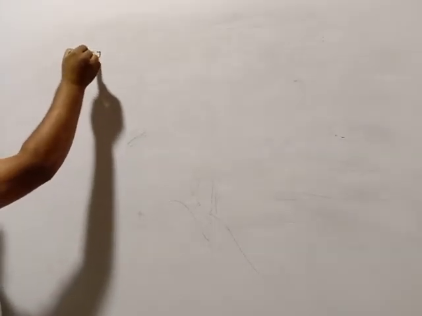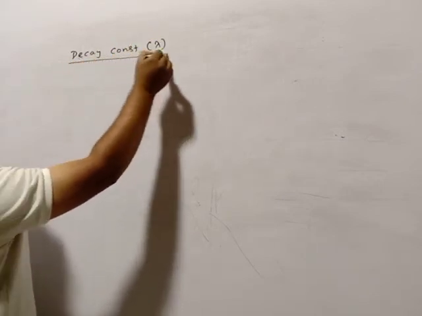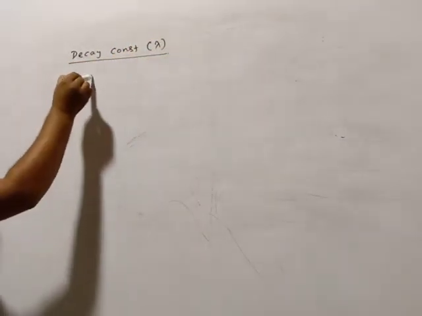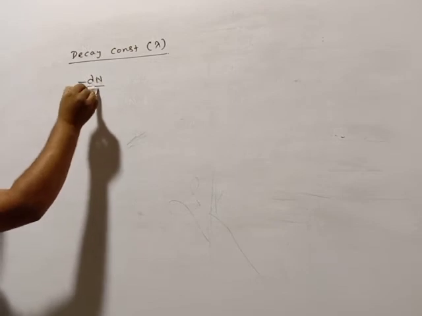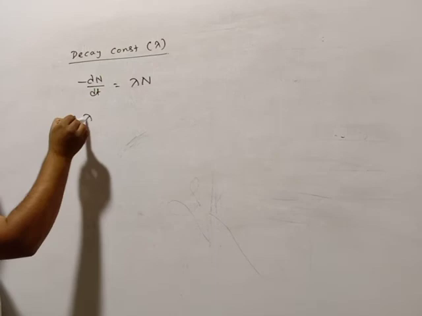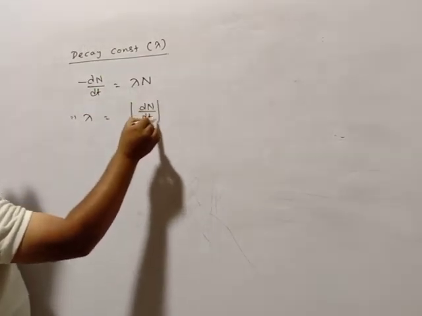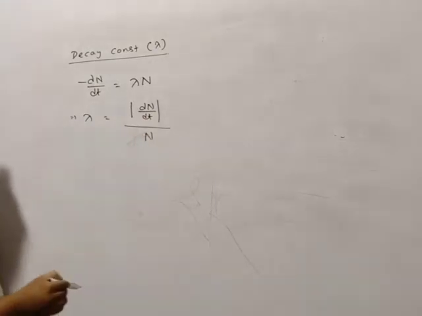Now we will define the decay constant lambda. First we have minus dn by dt equal to lambda n. So lambda equal to the modulus of dn by dt, divided by n.